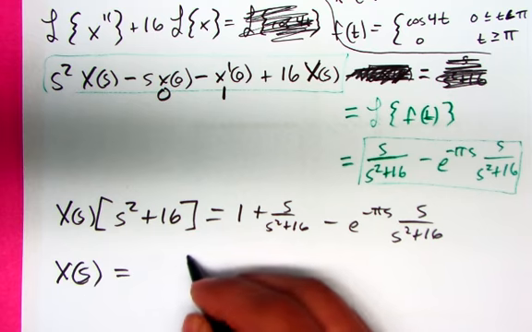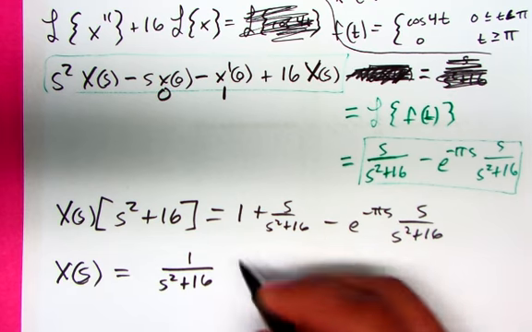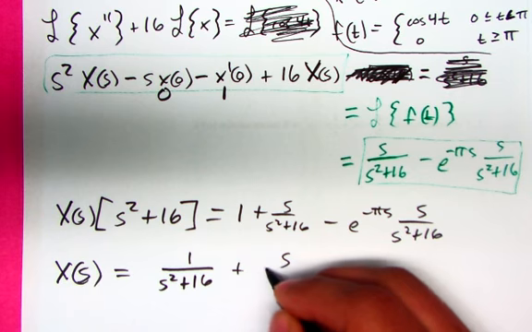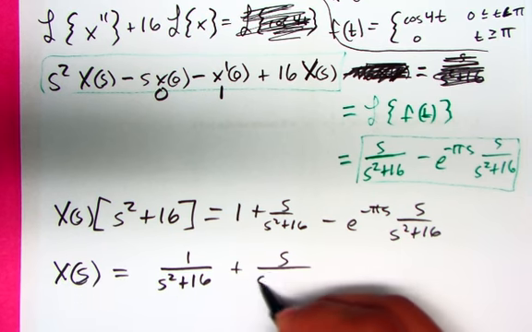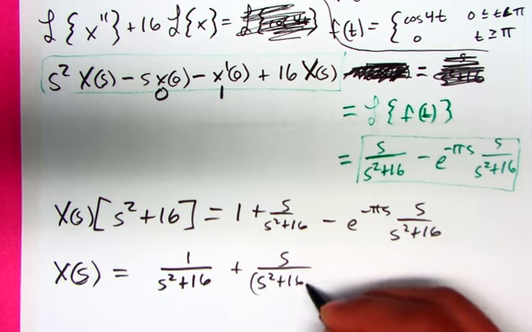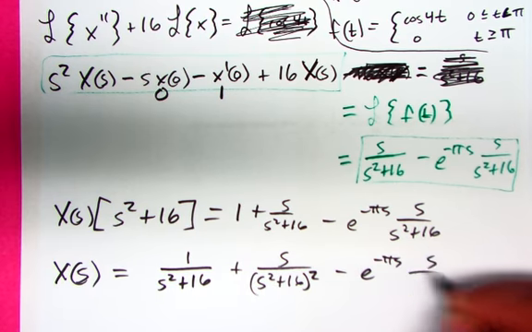So now we have 1 over s squared plus 16 plus, wait, I'm dividing by the, oh, right? s over (s squared plus 16) squared minus e to the minus pi s times s over (s squared plus 16) squared.